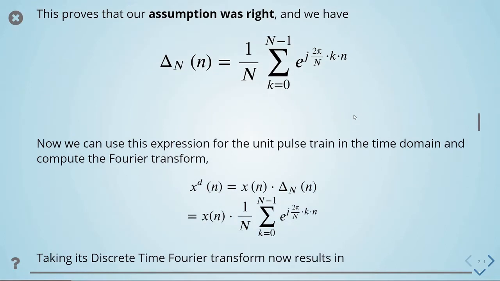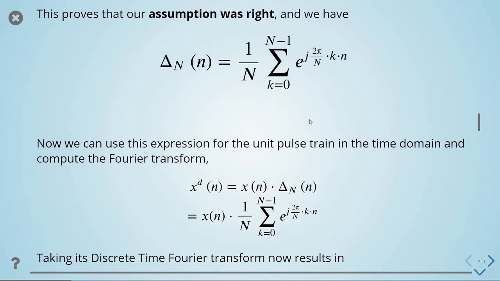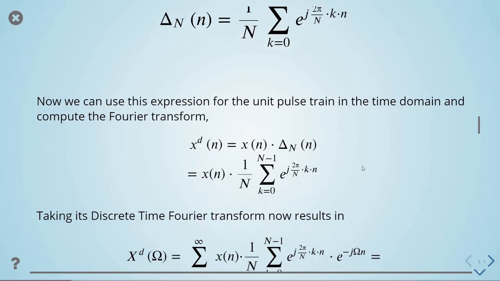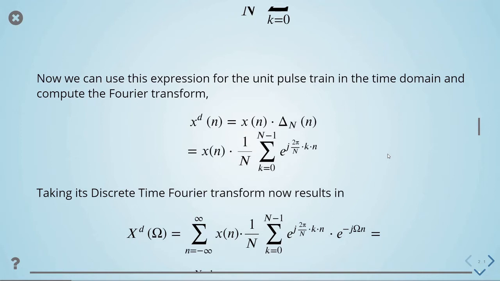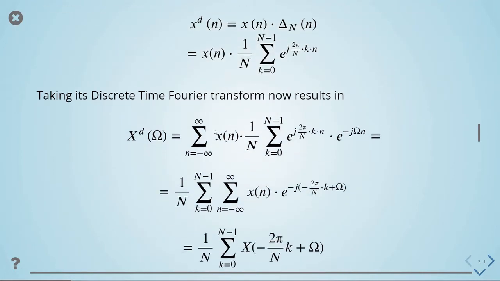So now we can use this expression for the unit pulse train in the time domain, and we can compute the Fourier transform. So we have this here, so we had our signal, and we're multiplying it with the unit pulse train. So the unit pulse train is given by this formula. So we have here a downsampled version of an already sampled signal. It's like this. Then if we take the discrete time Fourier transform, it results in this equation here.